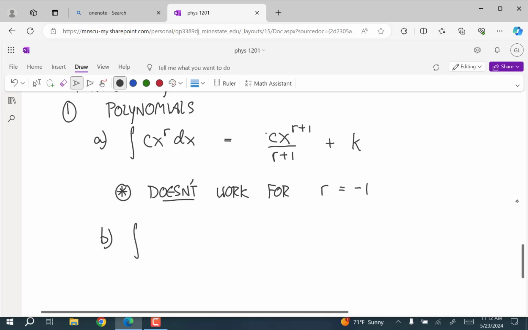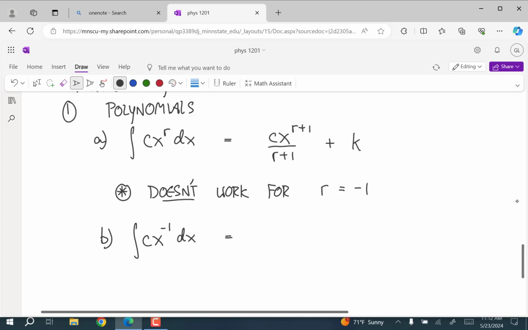So the integral of c x to the -1 dx. And maybe you notice that x to the -1 is 1 over x. And if you think back to what I was saying about derivatives, the derivative of natural log is equal to 1 over x. So maybe you'd expect some kind of natural log thing to come up, and that's exactly how it works.